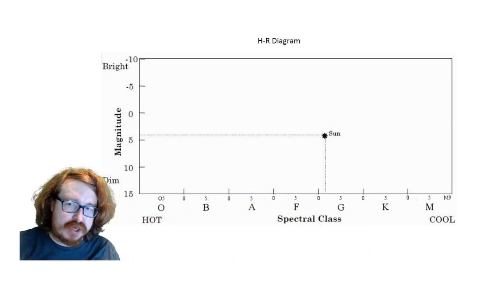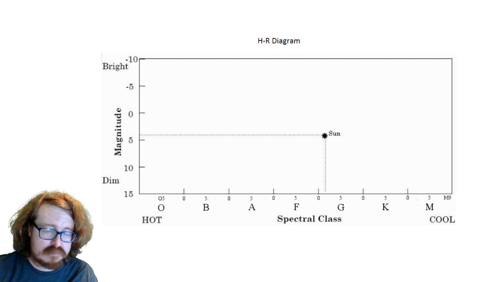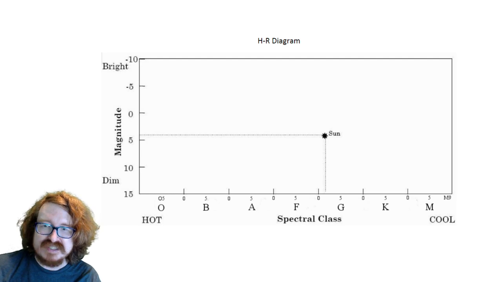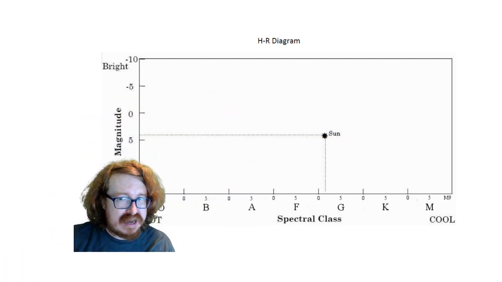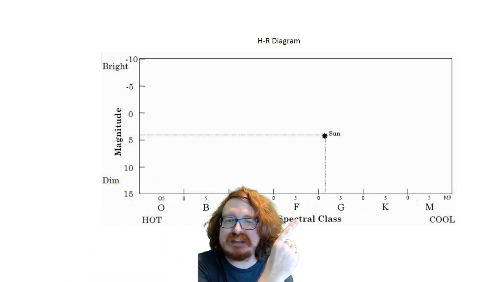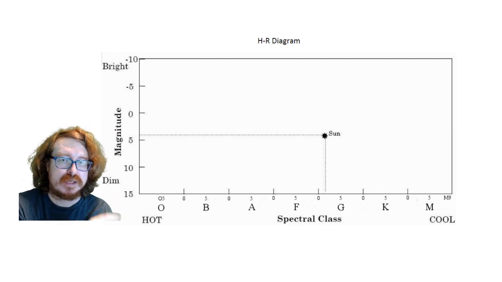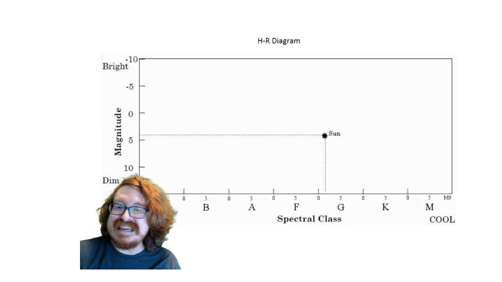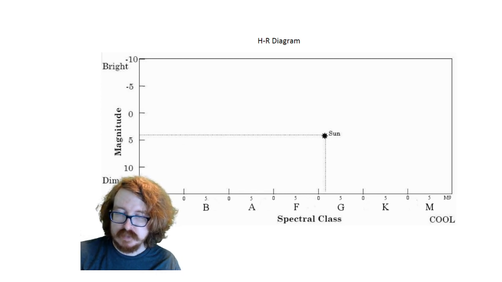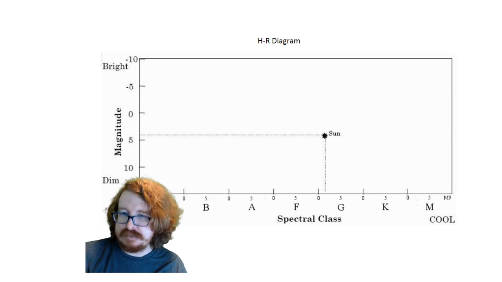So essentially what you're going to have to do on the GELO assignment is it's going to give you a set of stars, actually 2 lists of stars underneath a picture like this, and it's going to ask you to put all of those stars onto the graph. And all you've got to do is it's going to tell you a spectral class and a magnitude for each star. So for example, let's say it said that you were dealing with a B2 with a magnitude of 10.